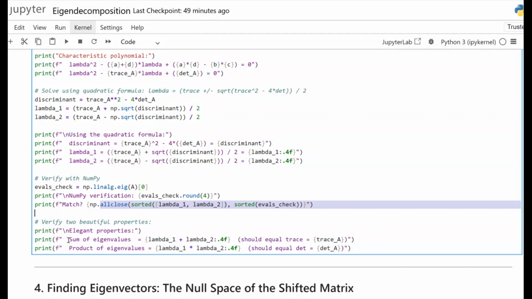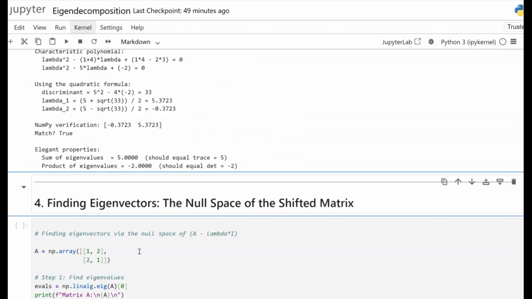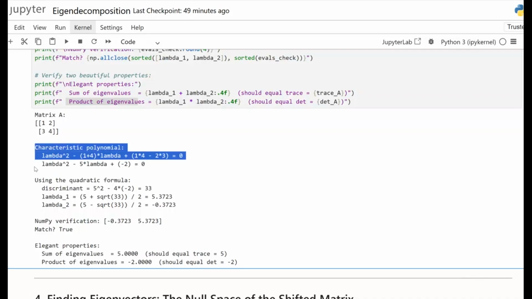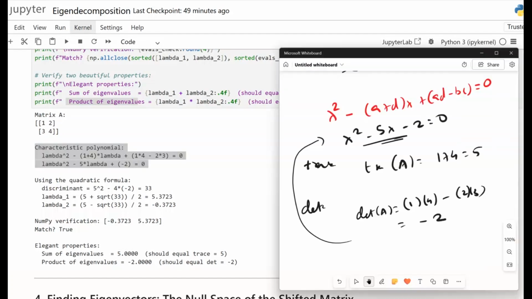And we have here the exact fundamental identities: sum of eigenvalues and product of eigenvalues. Let me just execute and verify the result. Of course, we have already identified the exact characteristic polynomial. Kindly observe, here we have lambda squared minus 5 lambda minus 2, which is equal to 0.